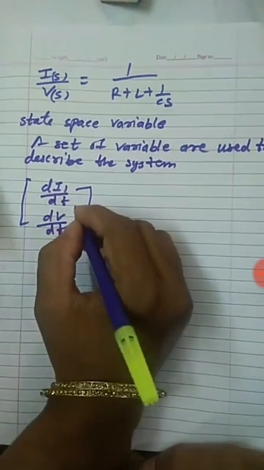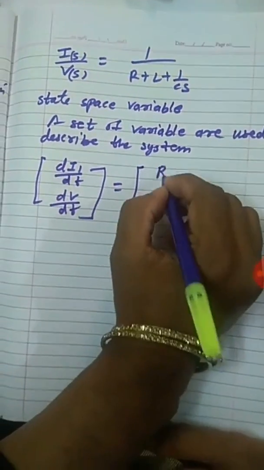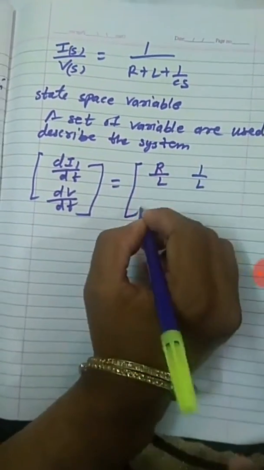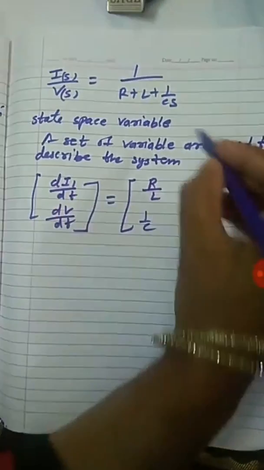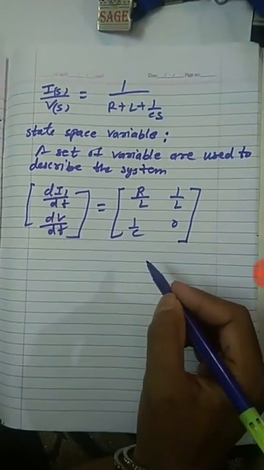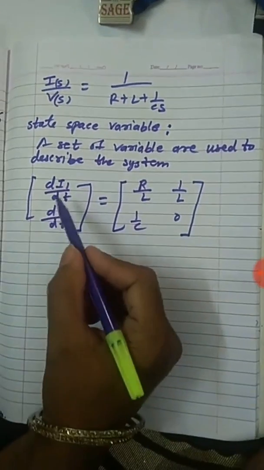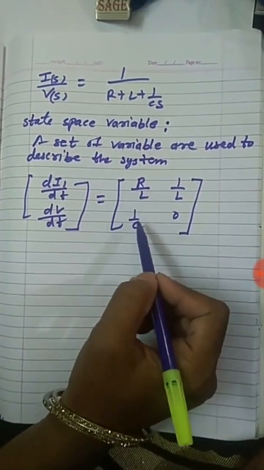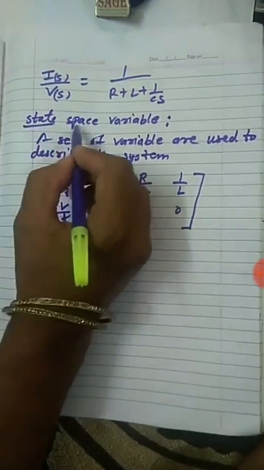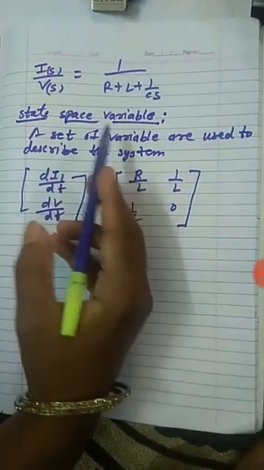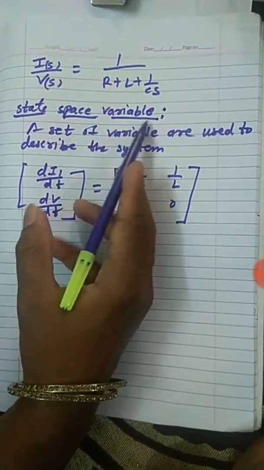Like this, di by dt and dv by dt is equal to, it can be R by L, 1 by L, 1 by C, 0, or any value. So any set of variables is used to describe the system. Like here I can see current, voltage, resistor, inductor and capacitor. So these are used to describe the system. So this comes under state space variable. State space variable, we will talk about this in unit 5.